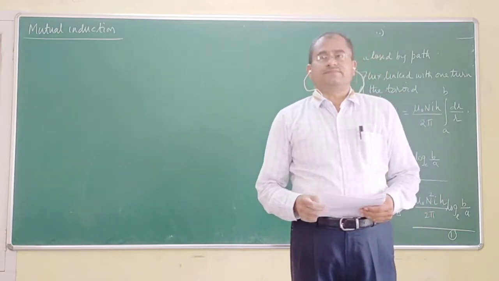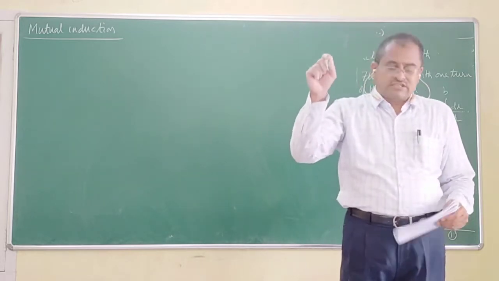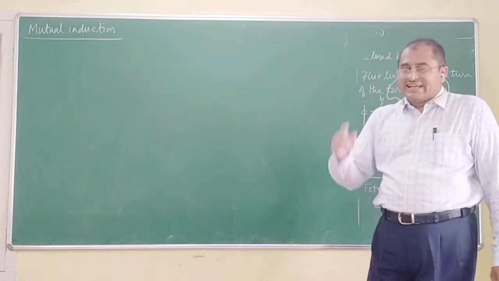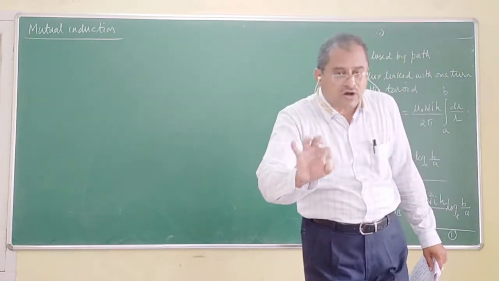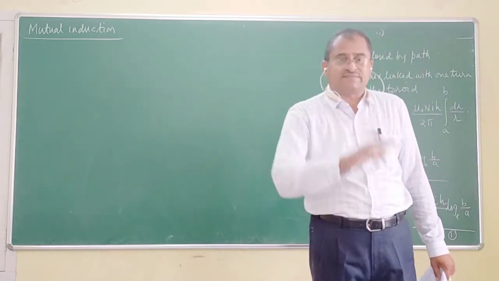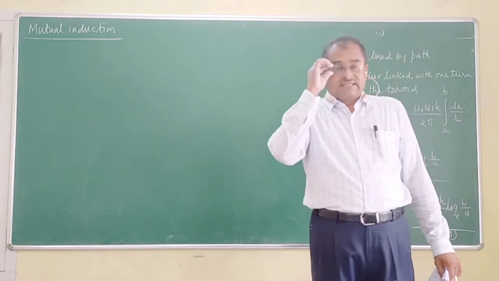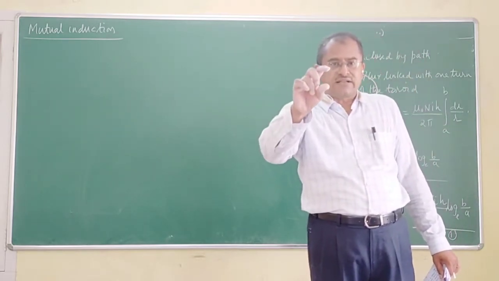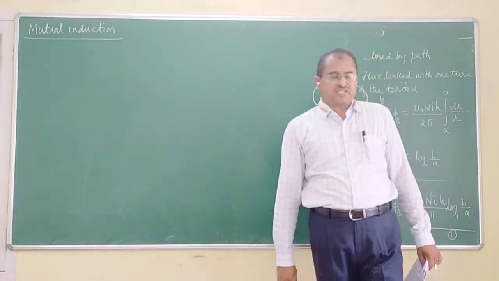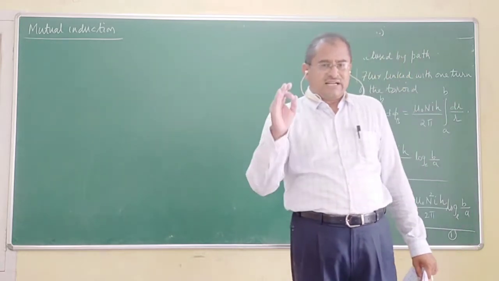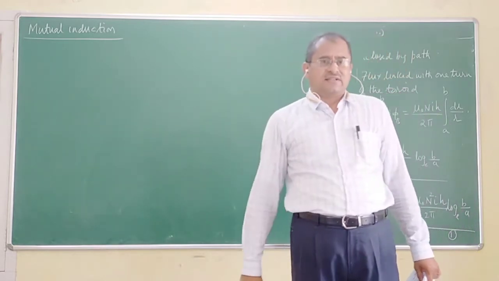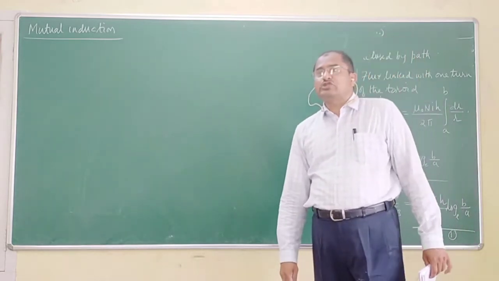In mutual induction, when electric current passing through one coil changes and opposing induced EMF is produced in the neighboring coil, the induced EMF will be there so long as the change in current in the previous circuit is there. This phenomenon is known as mutual induction.